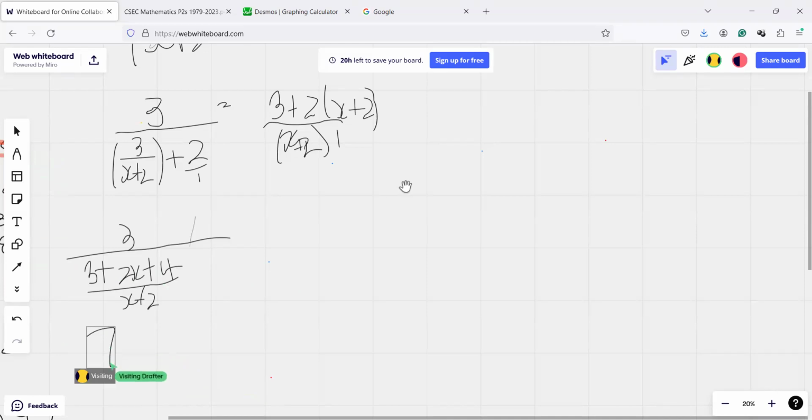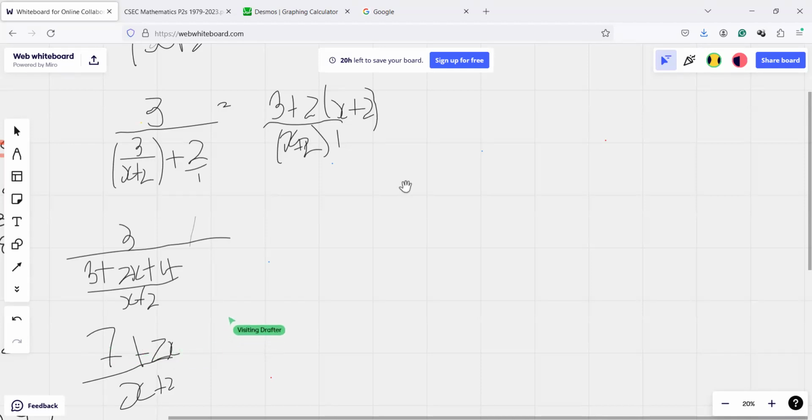So 7 plus 2x all over x plus 2. And remember, guys, it's a fraction, so this is basically saying 3 will be divided by all of this. And we're going to break it down even further.